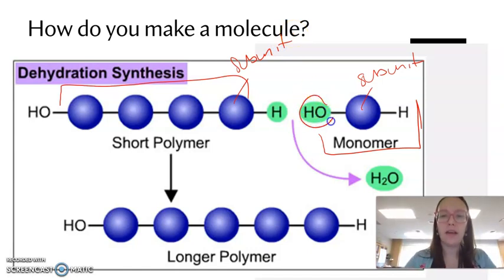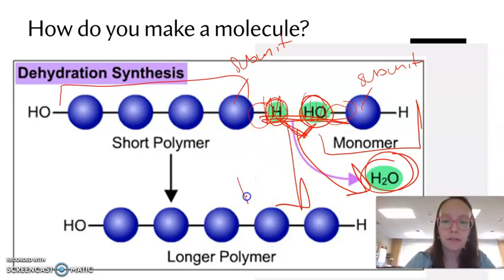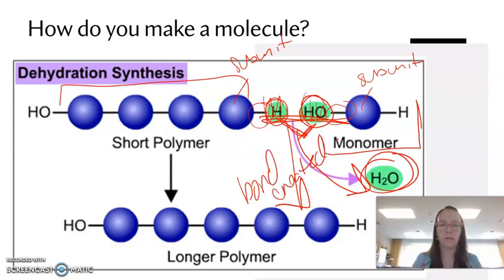So notice here I have my OH, my hydroxyl. Here I have my hydrogen. 2 H's, 1 O, H2O. These 2 will come together and then run away as water. Now that you've broken those off, you have these two spots here. I've got two molecules with an open bond, with an ability to bond. So they will bond with each other. There's that bond created when those two pieces come together.